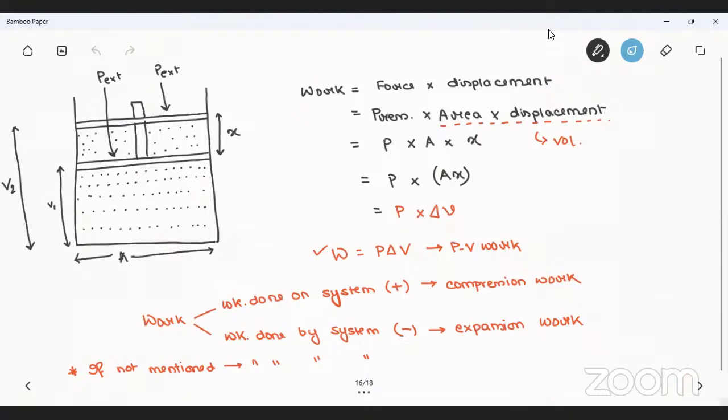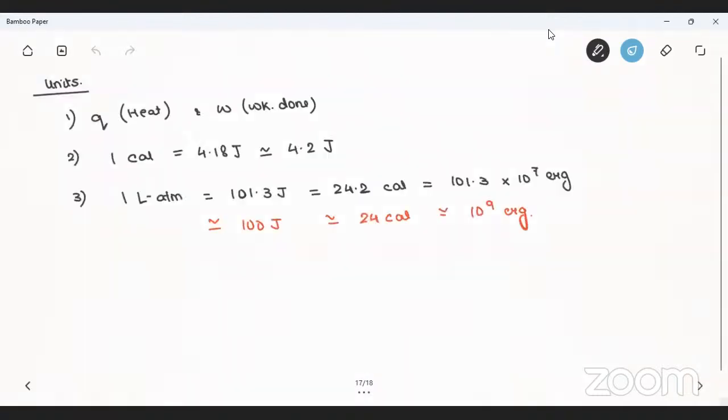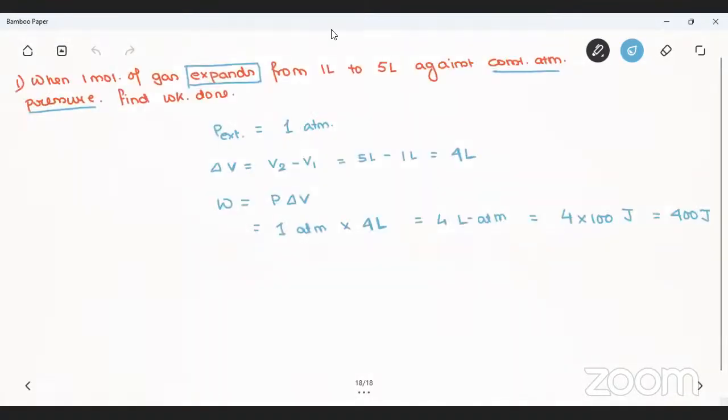Okay, if the expansion occurs, first hint. Now, what is our external pressure? Constant atmospheric pressure. Atmospheric pressure is considered to be 1. So P external is 1 atmospheric pressure.